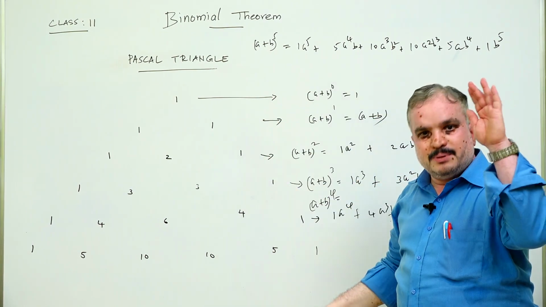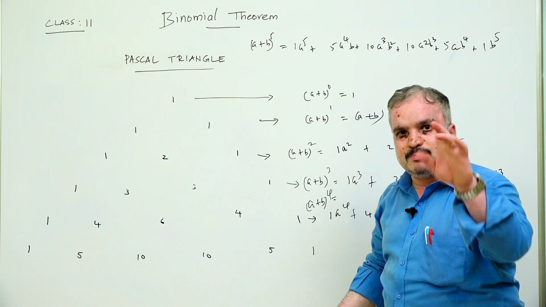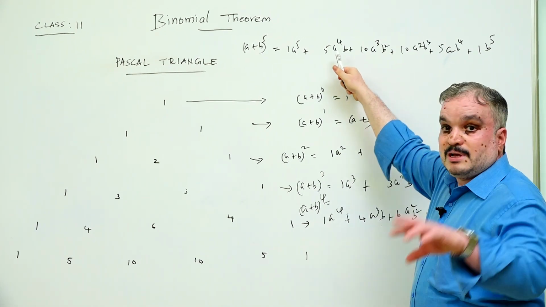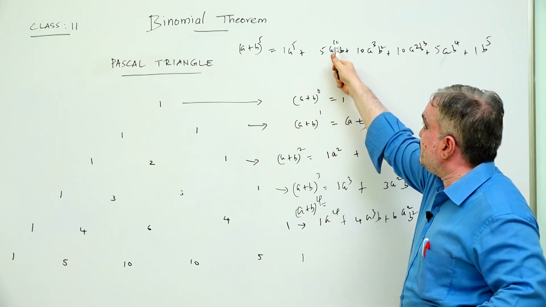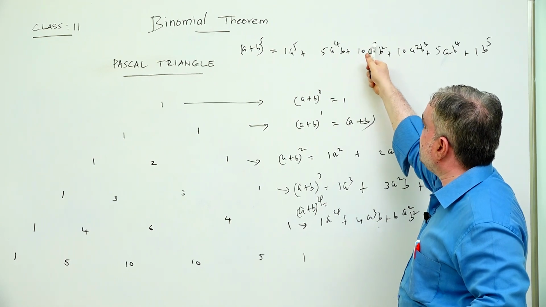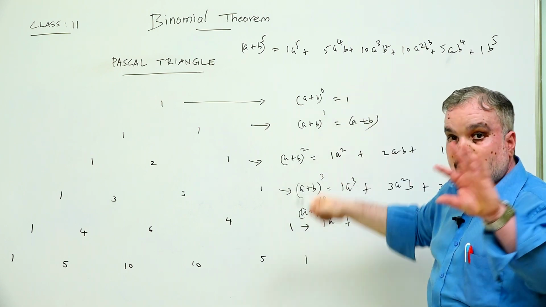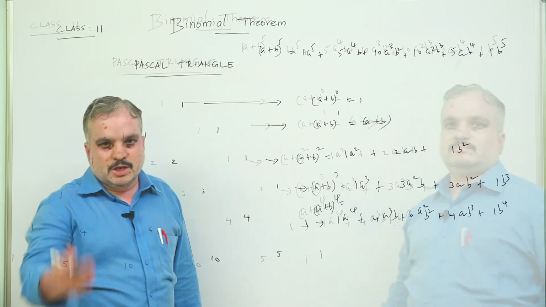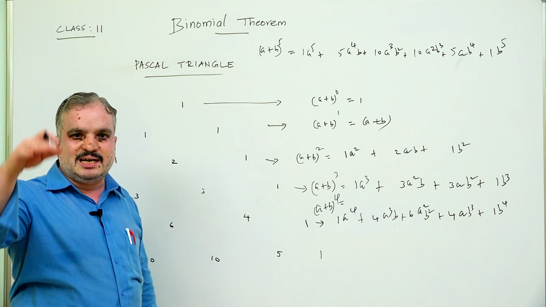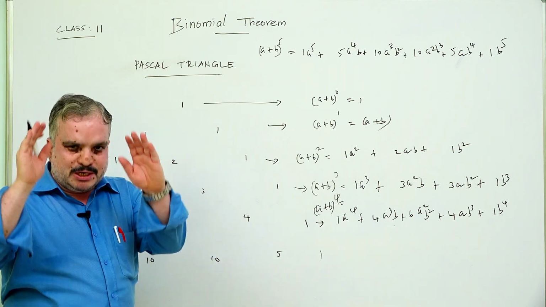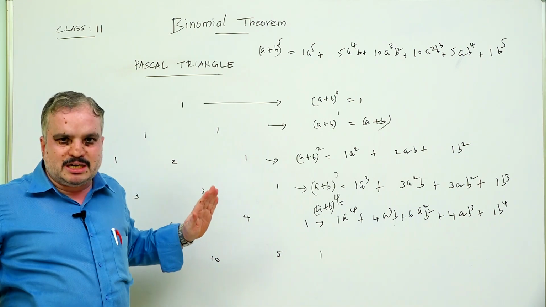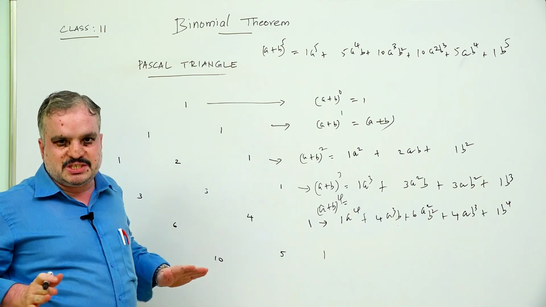In every term, the sum of the powers of a and b is 5. You know the Pascal triangle can be constructed by using addition only, not multiplication or division.